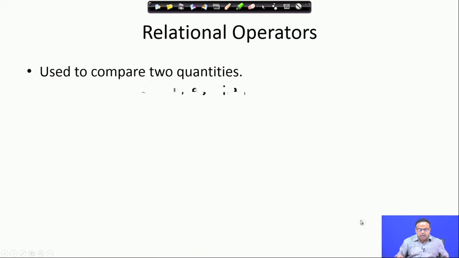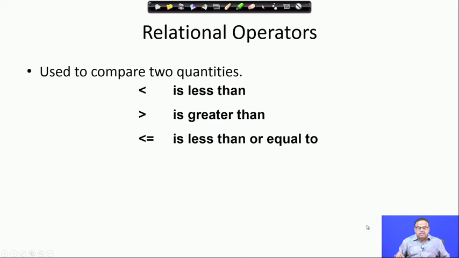For example, this symbol, very familiar, denotes is less than. This symbol, which is also familiar, shows is greater than. This symbol is less than or equal to. This sometimes in our normal course we write in this way, but in a computer we cannot write it in this way, we have to write it less than equal to.